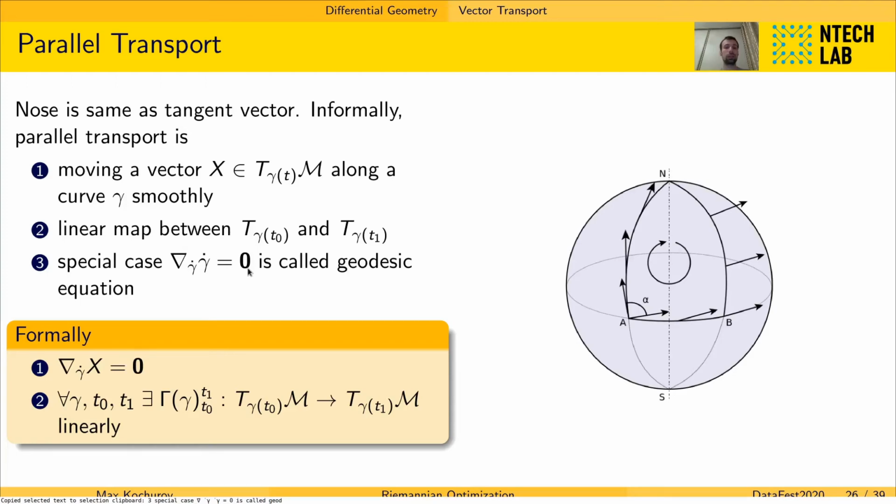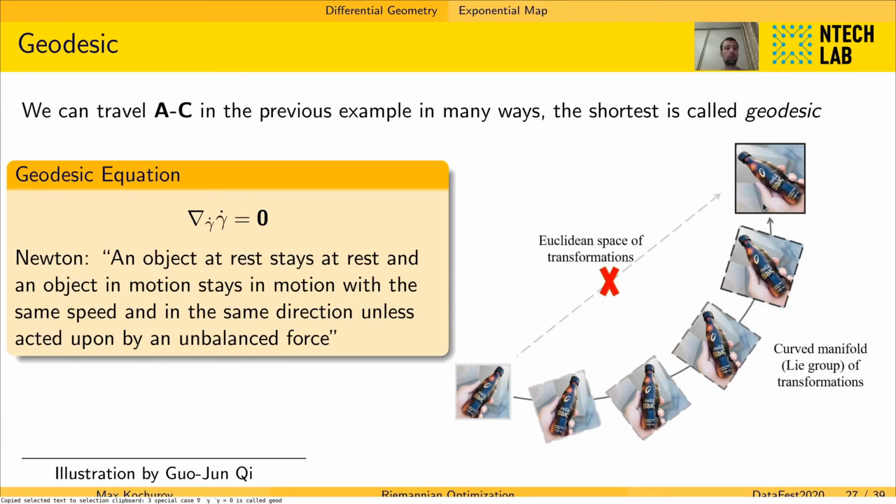This geodesic equation describes the condition which should be satisfied for straight lines.